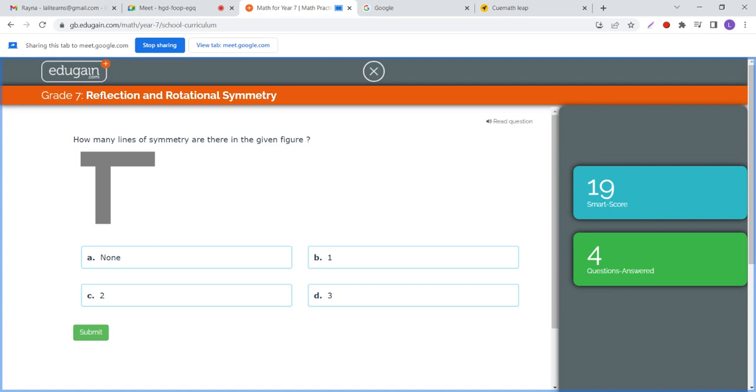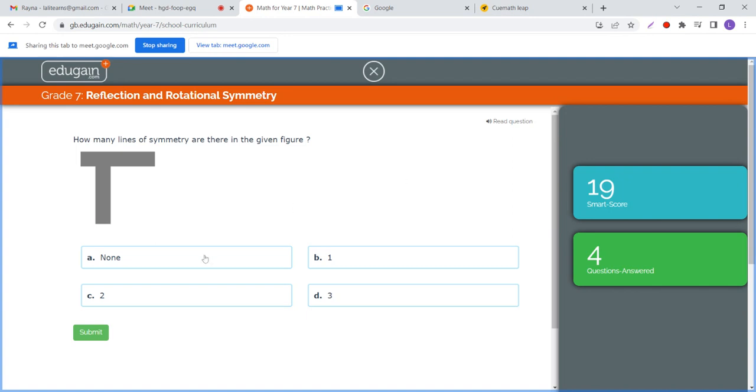How many lines of symmetry are there in the given figure? A line of symmetry would divide it into two identical halves. One. And that is which one? Across x-axis or y-axis? X-axis. Now how would you divide this figure across x-axis? Wait, no, you can't do it into symmetry, so none.